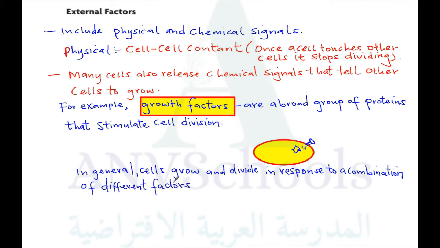So there is no one specific factor, not just one. There is no one specific factor that is known actually to control the cell division.